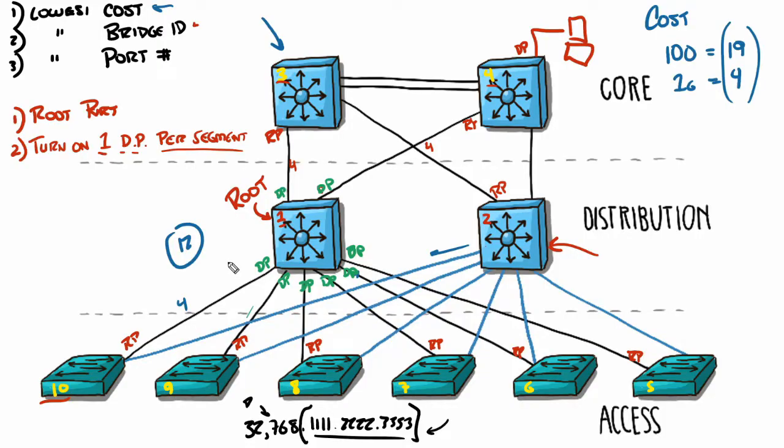Now, hang on. I'm going to do the rest of the switches in just a second, but I want to make sure I say this. A lot of people look at that and ask, why is it doing that? What's the point? Well, remember, you and I can look at this diagram and say, oh, that's redundant, let me block that. Human beings can look at that.